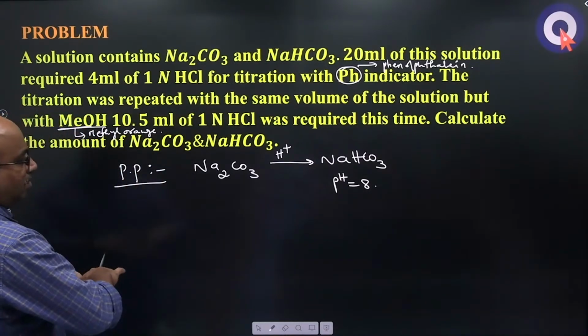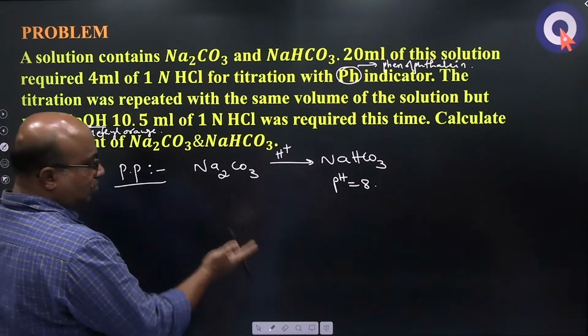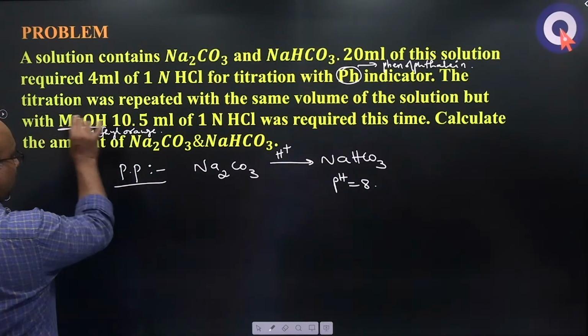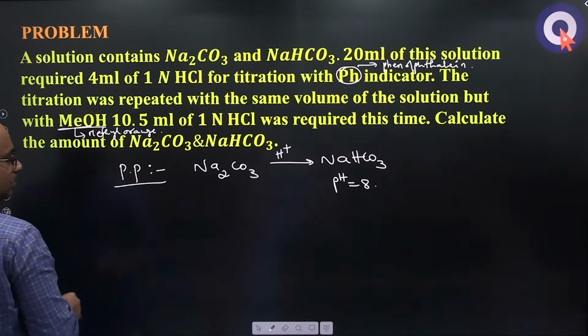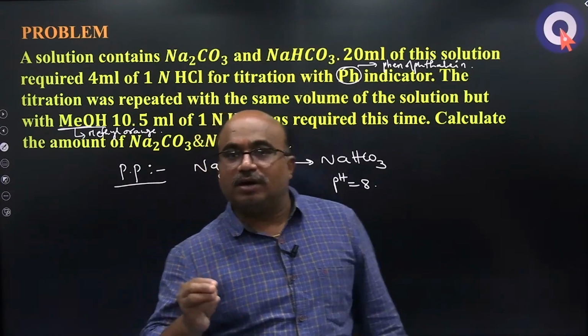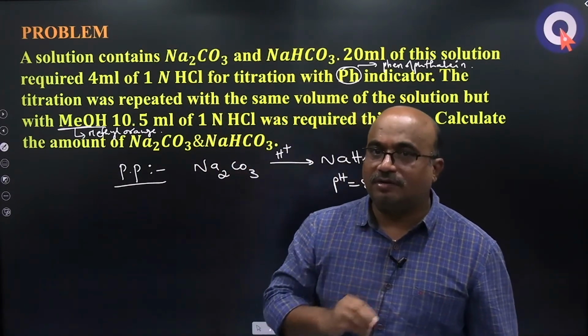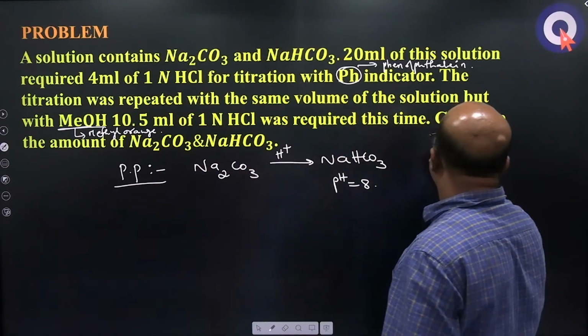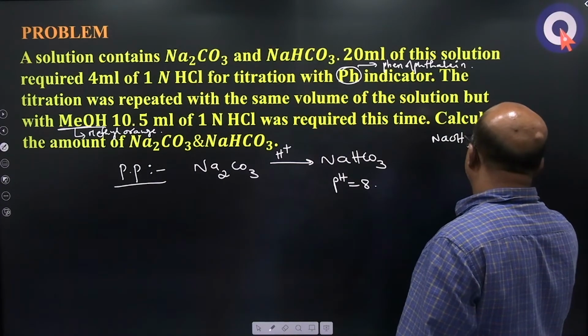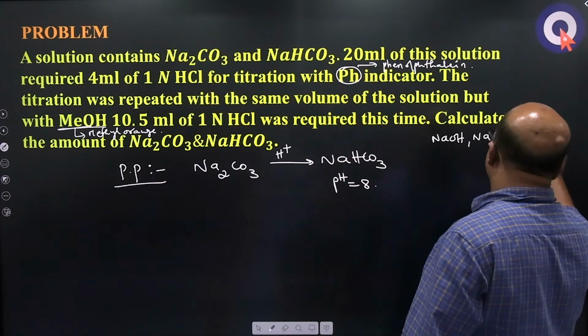Means for titration you are adding an indicator 2 times. Generally we consider the 3 general bases we come across: sodium hydroxide, sodium carbonate and sodium bicarbonate.